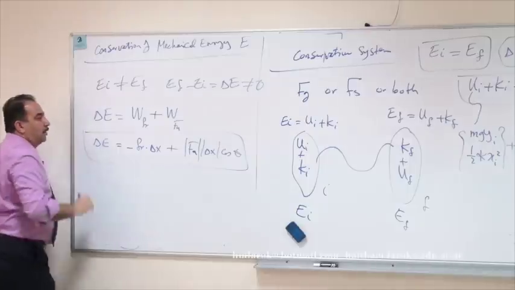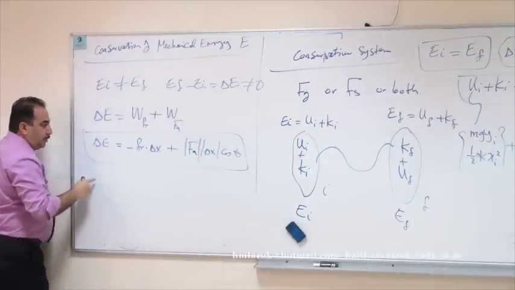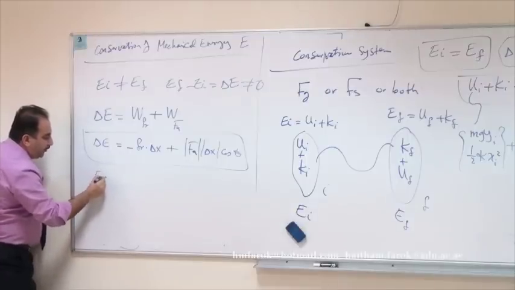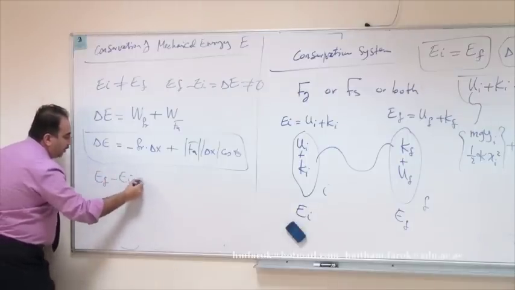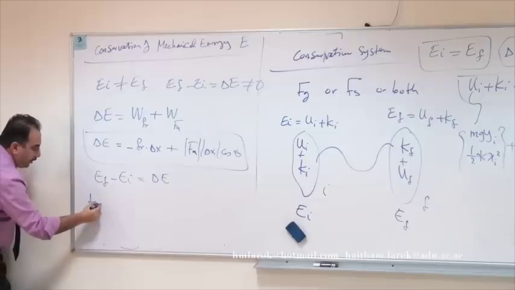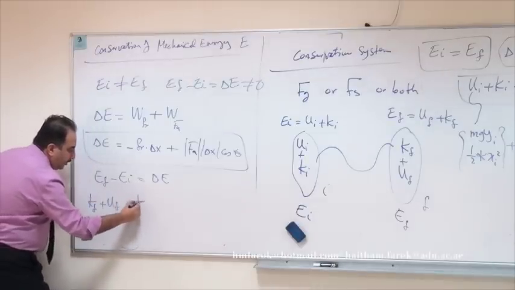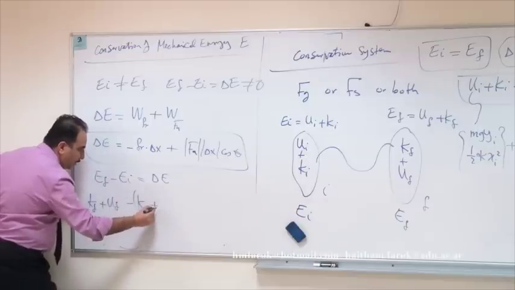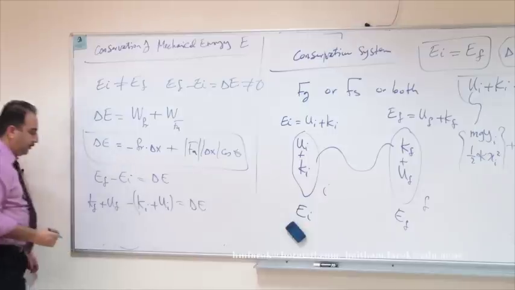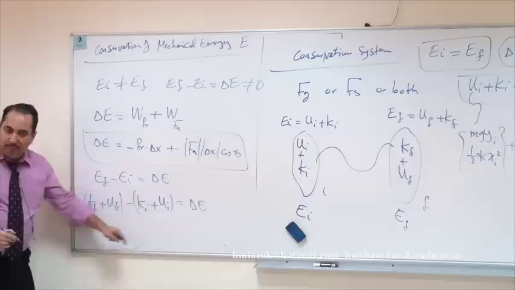Now, EI is not equal to EF, so delta E is not equal to 0, it equals this. Let's substitute now. EF minus EI equals delta E. What is EF? KF plus UF, minus EI, which is KI plus UI, equals delta E. Now, when you open the bracket with the minus, what will you have?